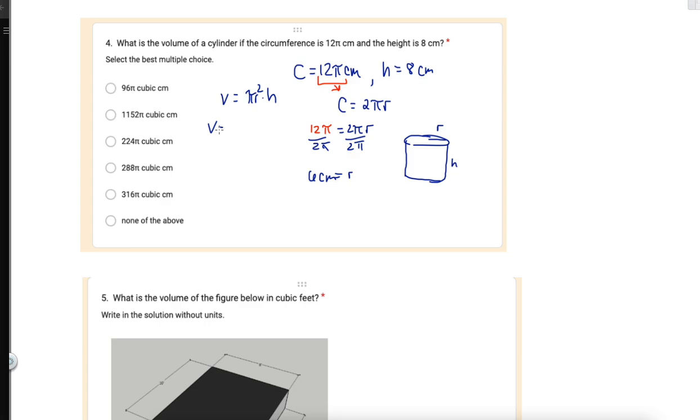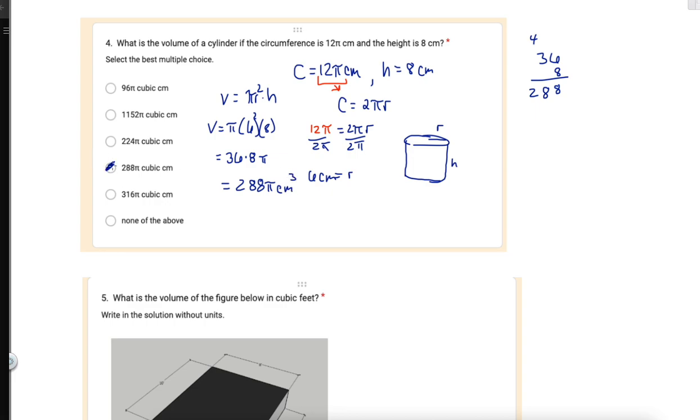So we just put in 6 squared times 8. 36 times 8 pi. 36 times 8 is 288 pi, and this would be cubic centimeters.